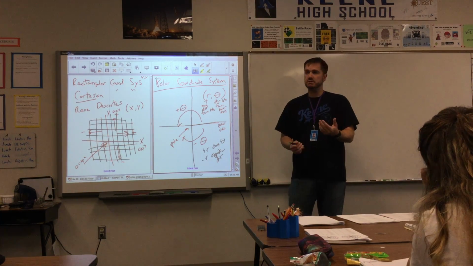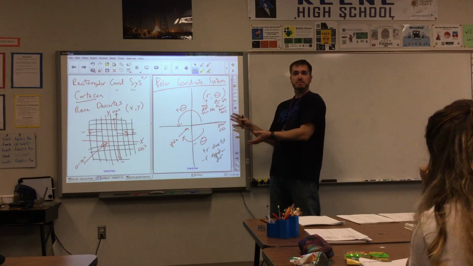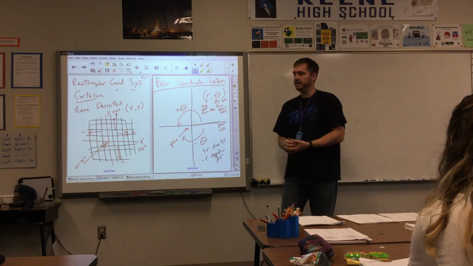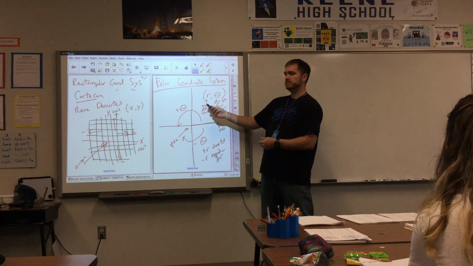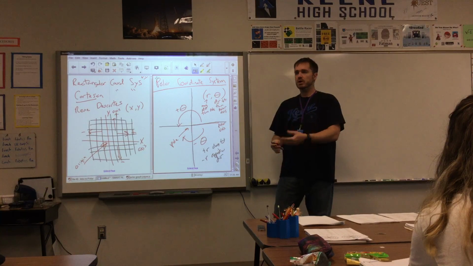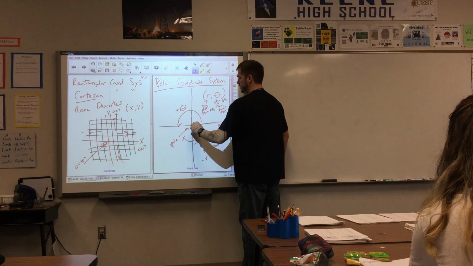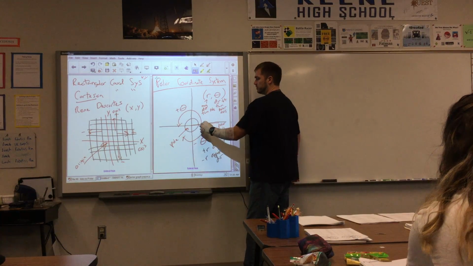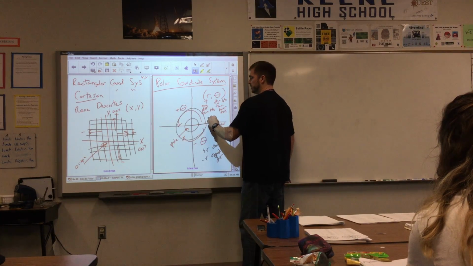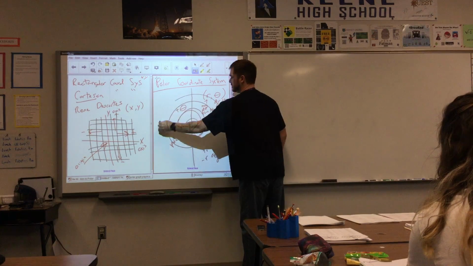I'm also going to give you some polar grid paper. Because of that, it's going to have different values of r. For instance, r values of 1, which would be a radius of 1, all the points that are distance 1, so it's going to look like a circle. Or radius of 2, or radius of 3, or radius of 4.